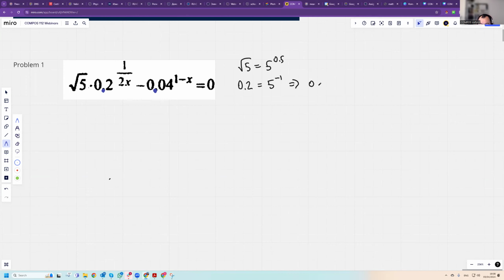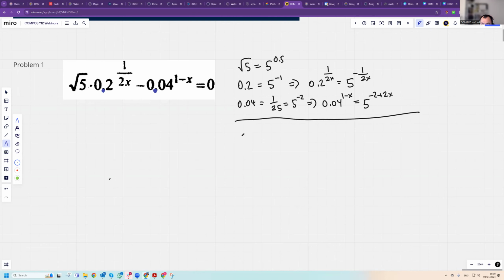Hence, 0.2 to the power 1 over 2x is 5 to the power minus 1 over 2x. 0.04 is 1 over 25, which is 5 to the power minus 2. Therefore, 0.04 to the power 1 minus x is 5 to the power minus 2 plus 2x.